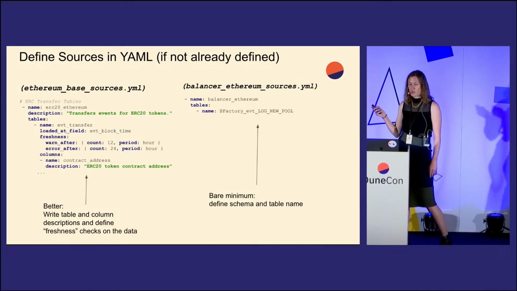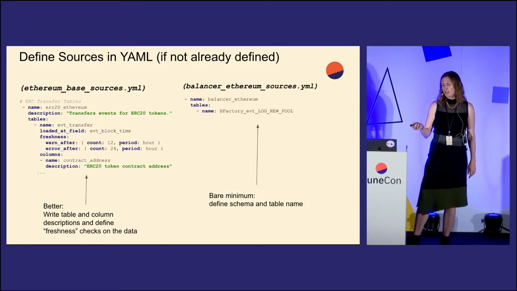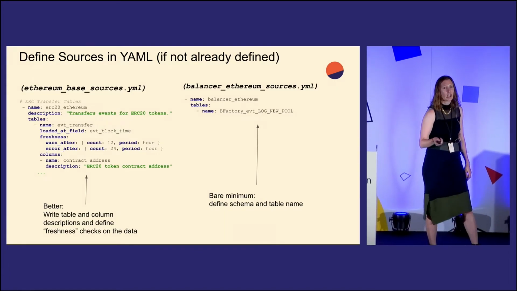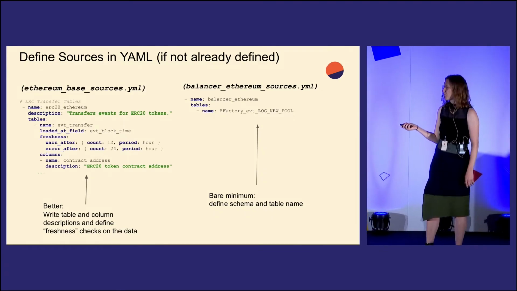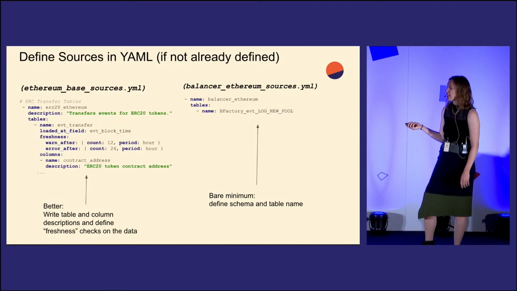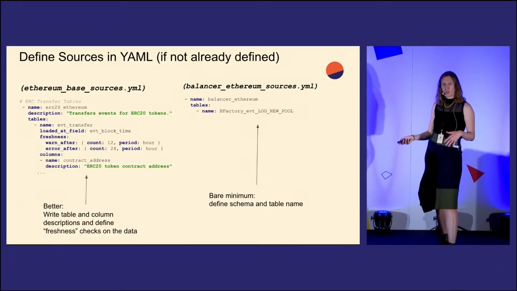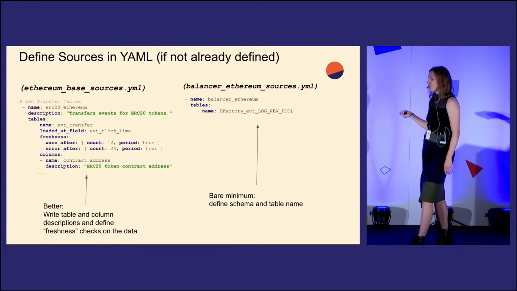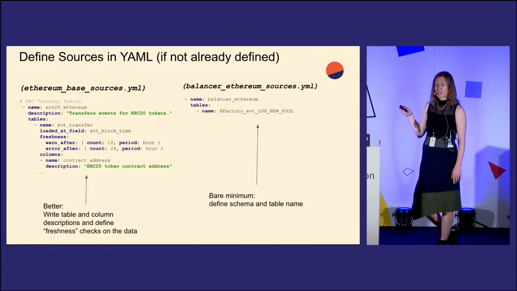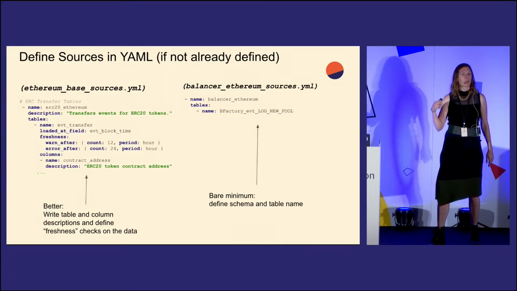You have to define your sources in a YAML file. If you're using a commonly used table like Ethereum transactions or something like that, it's definitely already defined. But if you're using a decoded table from your project, you're probably going to have to define that yourself. This is as much work as you want to do on it. There's a bare minimum where you just have to say what the schema is and the table name, but you can also go ham on this and write really nice descriptions of the table and all the columns.